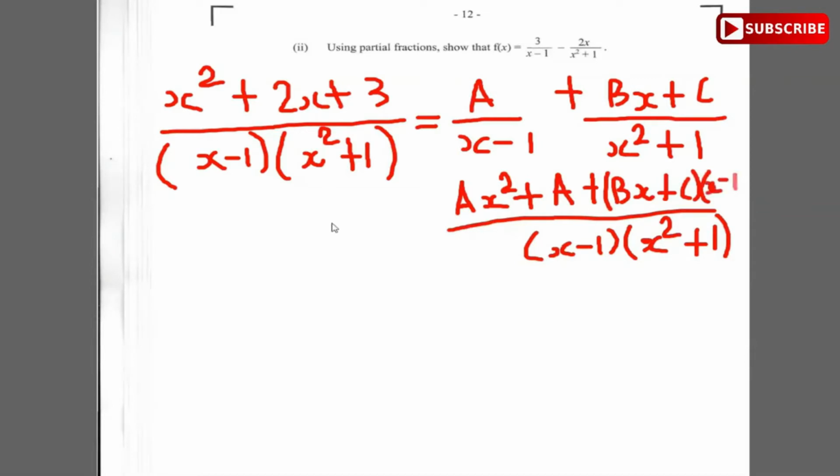And remember, it's equal to this. Now, whenever the denominators are the same, we can just equate their numerators.